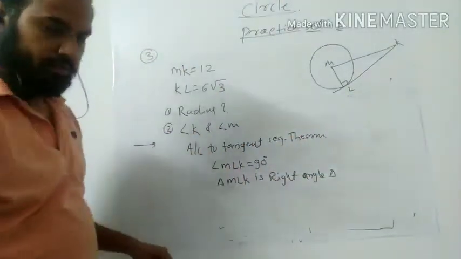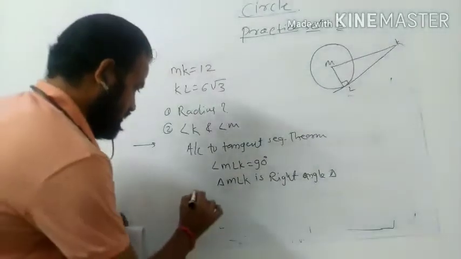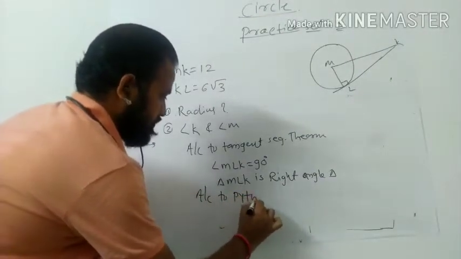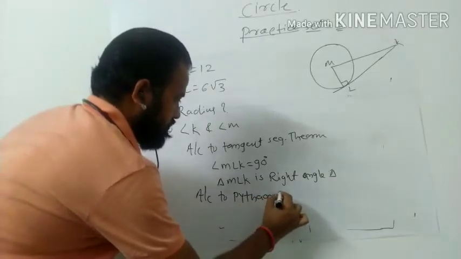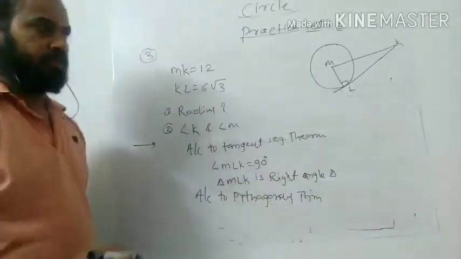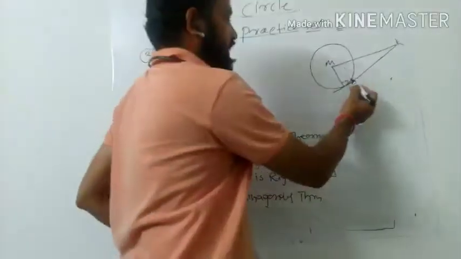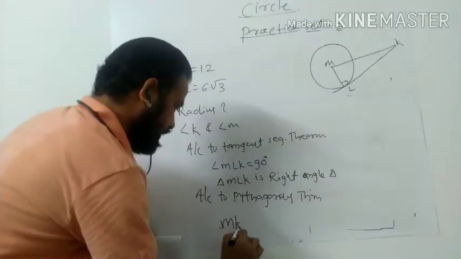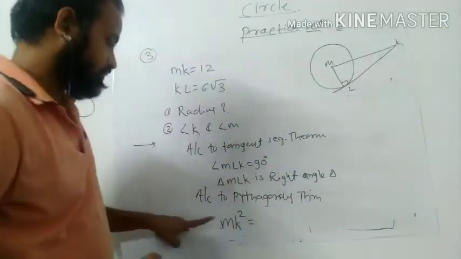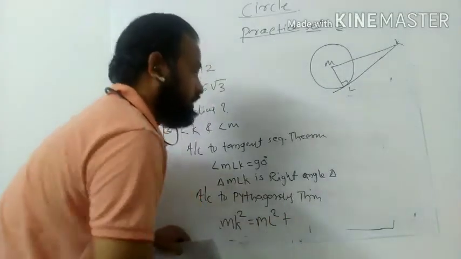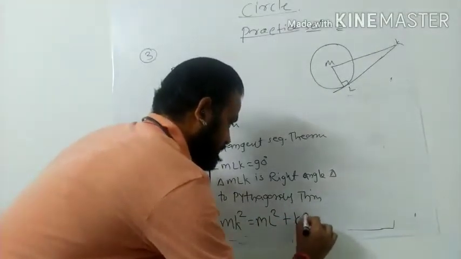So I will write here, according to the Pythagoras theorem, isn't it? If this is 90 degrees, this is your hypotenuse. So I can write hypotenuse square, that is MK square, equal to ML square plus KL square, isn't it?